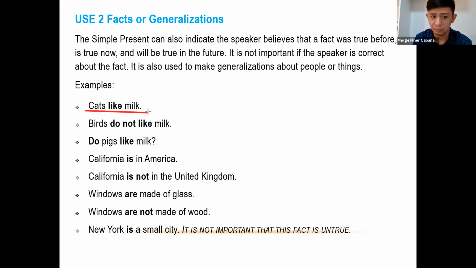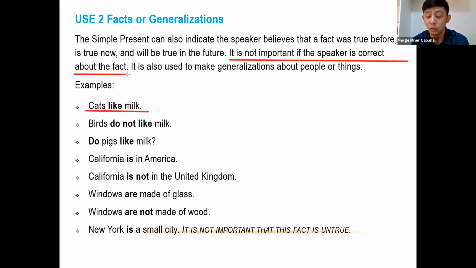I own a cat, but my cat does not like milk. This sentence is a misrepresentation of my cat. Guys, remember, it is not important if the speaker is correct about the fact.